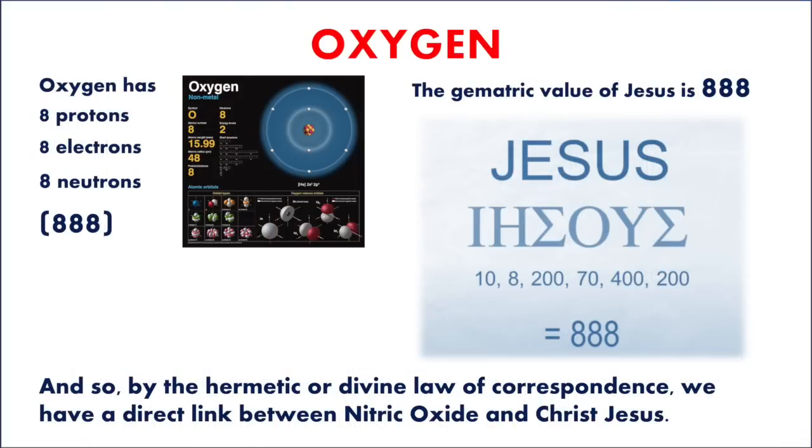And oxygen, which has 8 protons, 8 electrons, and 8 neutrons. 8, 8, 8. And of course, both of those symbolic numbers appear in dozens of esoteric texts and theories, and their relation to nitrogen and oxygen just simply can't be dismissed.